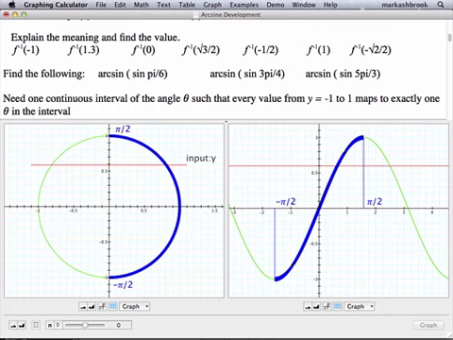What's the next one? The sine of 3 pi over 4 is radical 2 over 2, and this is the arcsine of radical 2 over 2. And the sine of 5 pi over 3 is negative radical 3 over 2, so in order to get that, it's negative pi over 3. Right, that's good.